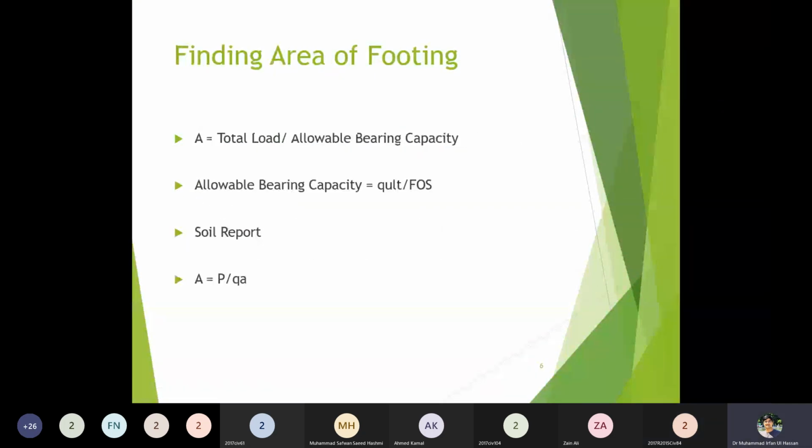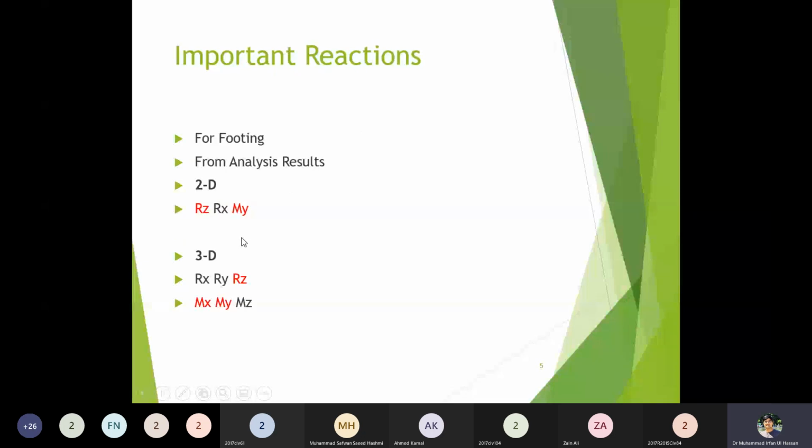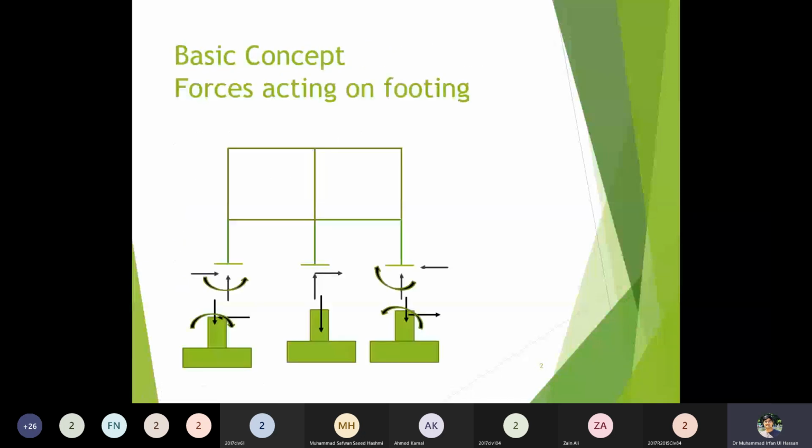So we compute the area of the footing. We take Q allowable from the soil report, and the load P is basically the reaction which is shifted to the foundations. As I showed you in the first slide, we reverse the direction of the reaction.